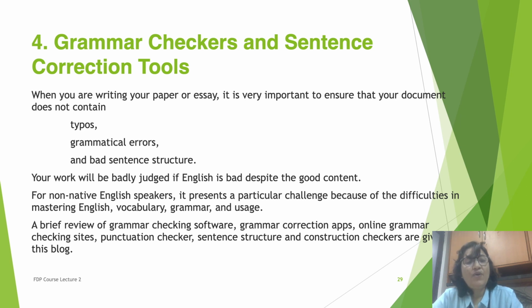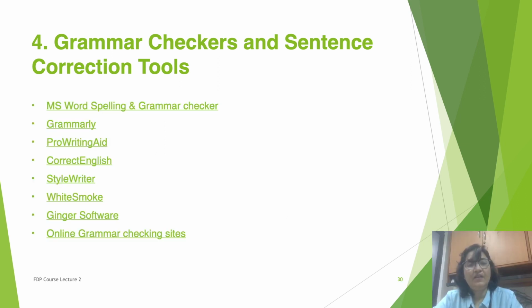Okay, so for non-native English speakers, it presents a particular challenge when we need to write, right? Because we don't have mastery in English, we don't know about vocabulary, grammar, and usage. At that time, we can use such grammar checkers. Here is a preview of grammar checking software, apps, online grammar checking, and punctuation checkers, and this is given in this slide.